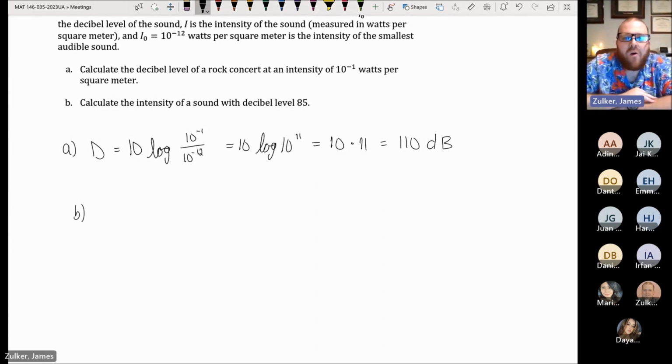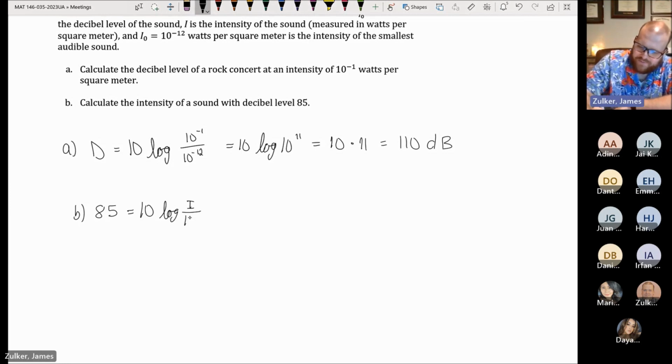Now we're asked to calculate the intensity of a sound with a decibel level of 85. And that means 85 is 10 log of I over 10 to the minus 12.